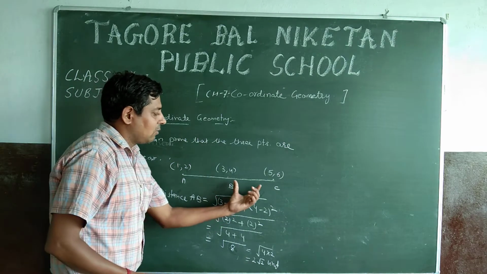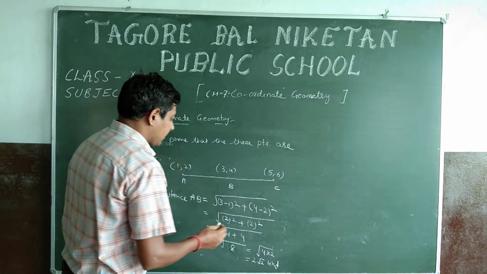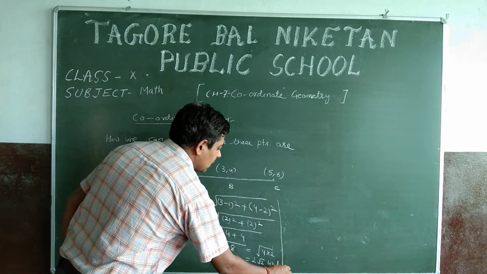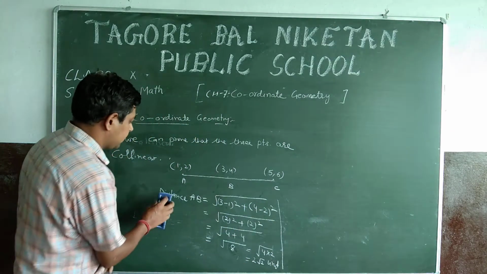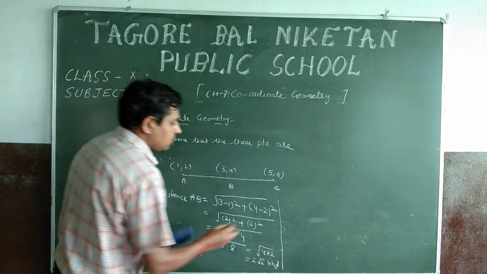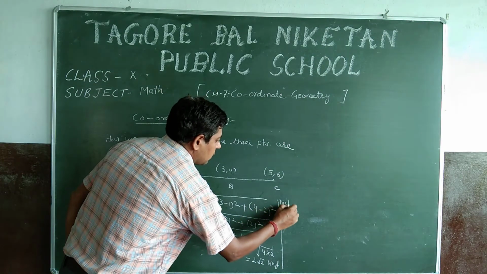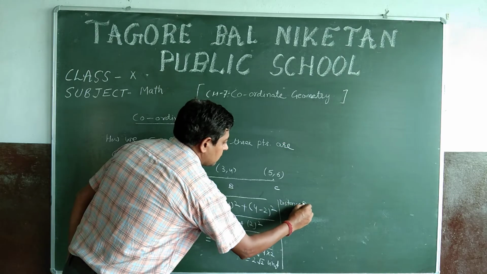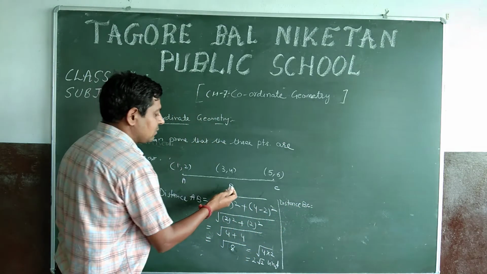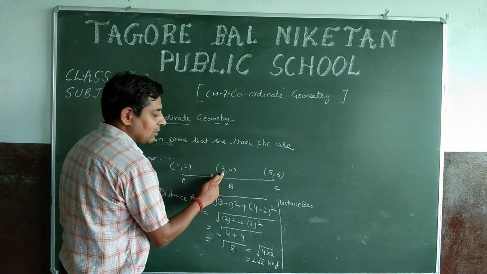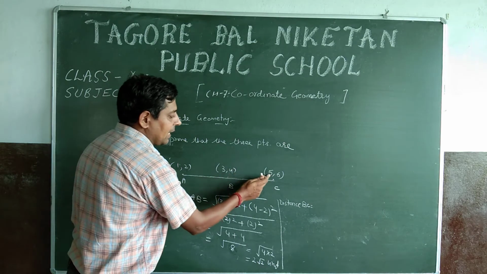Now we can find out the distance BC. Again we can apply the distance formula. Now this is our x1, y1, x2, y2.